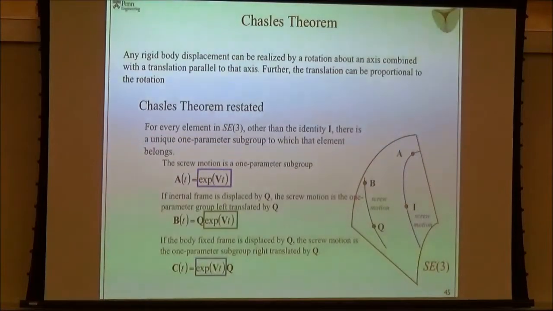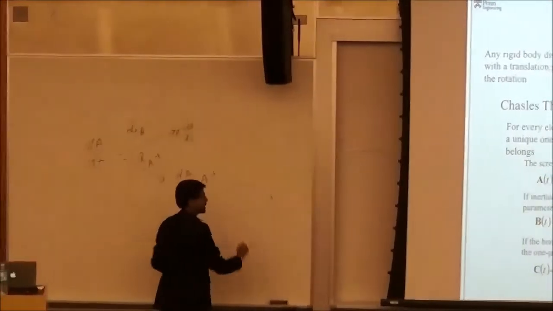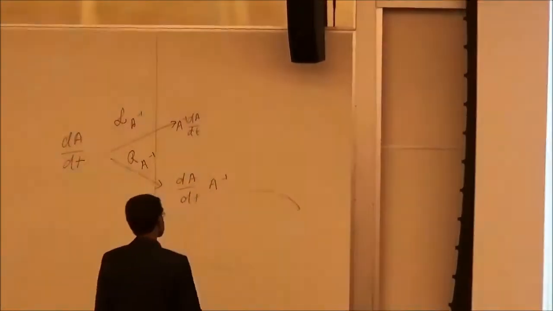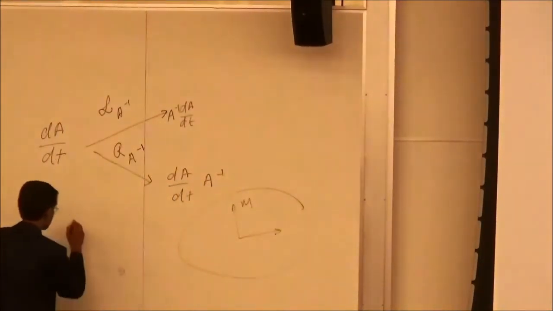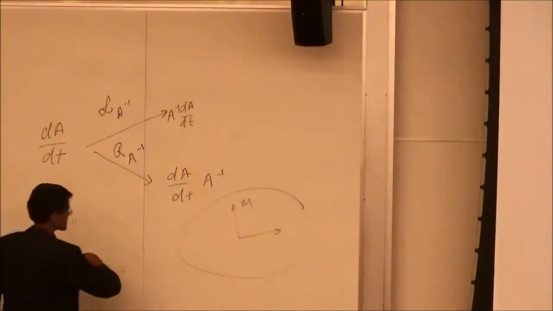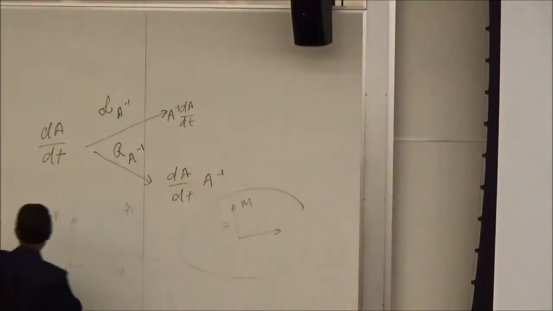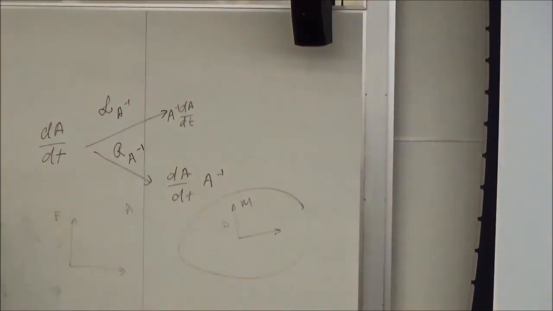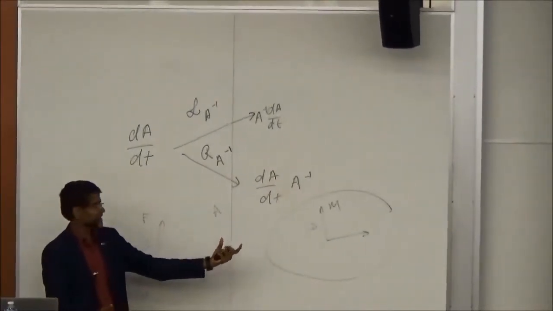If you were to take a moving frame M and a fixed frame F, and let's say this transformation is A, and if you were to change this fixed frame to F prime, and insist that there is this transformation Q that relates F prime to F, well, the new motion becomes Q times A. Right? So that's left translation.